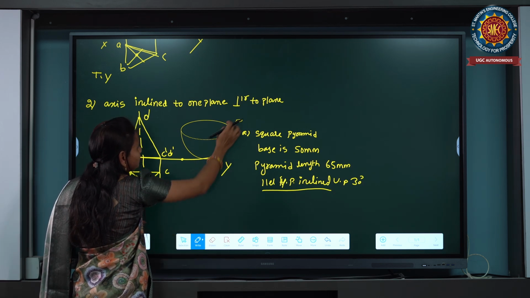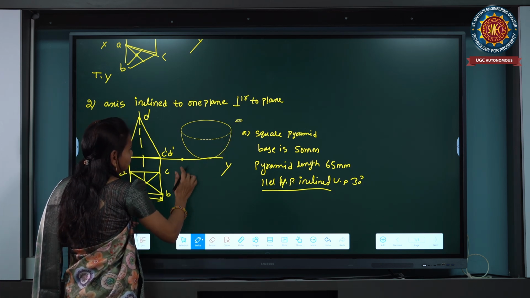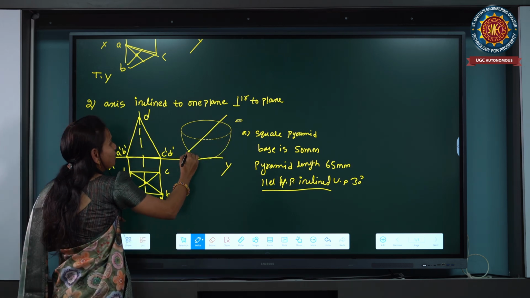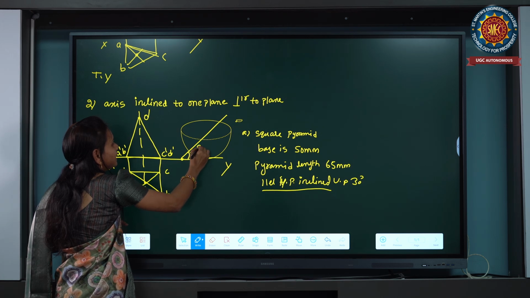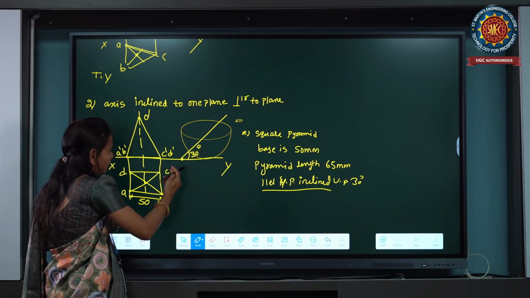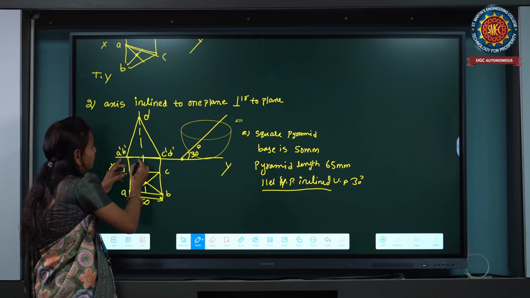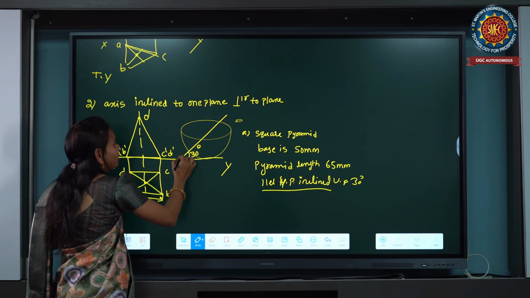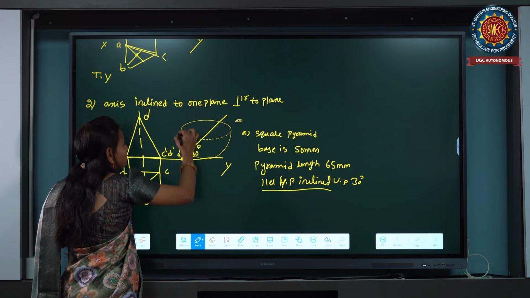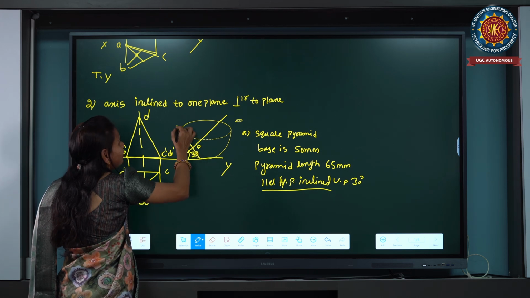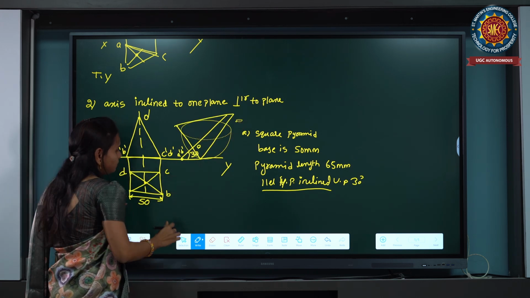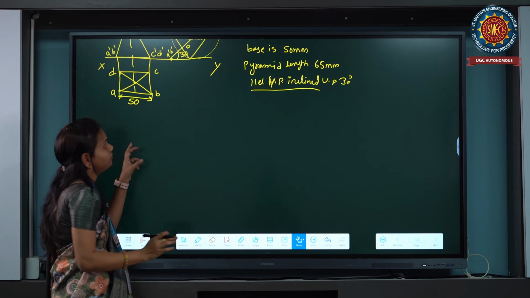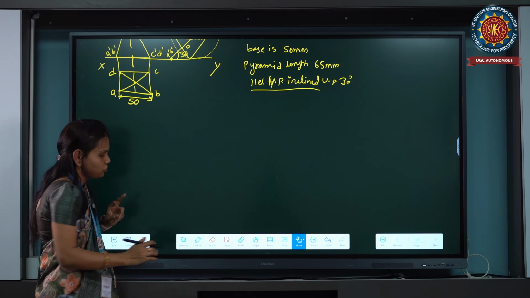So this is the 30 degrees straight line angle. Extend these lines, take the pyramid length. So take the a dash, b dash to o dash distance, take the a dash to o dash distance, and draw one line. So we will get the one side of the inclination.